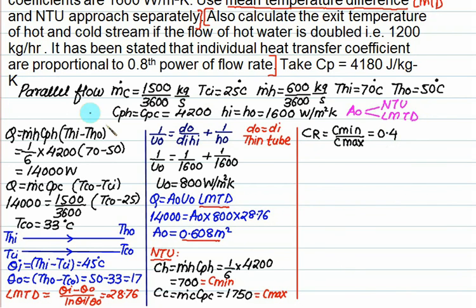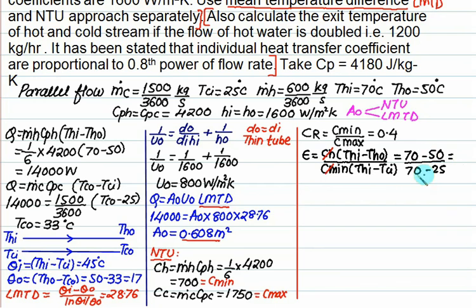So we need the effectiveness first. Effectiveness is defined with C minimum, so this one cancels out. THI is 70, THO is 50, TCI is 25, so 20 by 45. Effectiveness is 0.44.